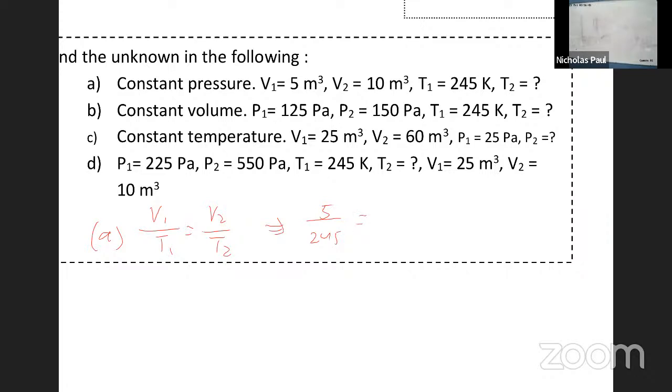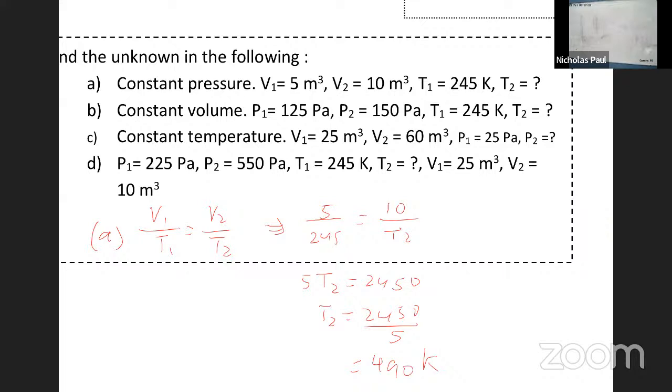V2 is 10, and they want to solve for T2. Two fractions with an equal sign, so you cross multiply. That's multiplying 5 by T2 and 10 by 245, so that's 2450. So T2 is equal to 2450 divided by 5. How much is that? 490 Kelvin.